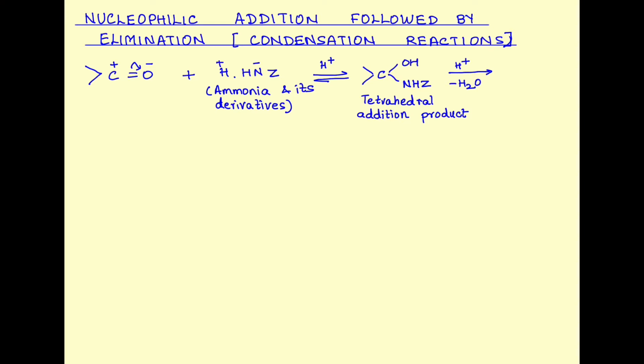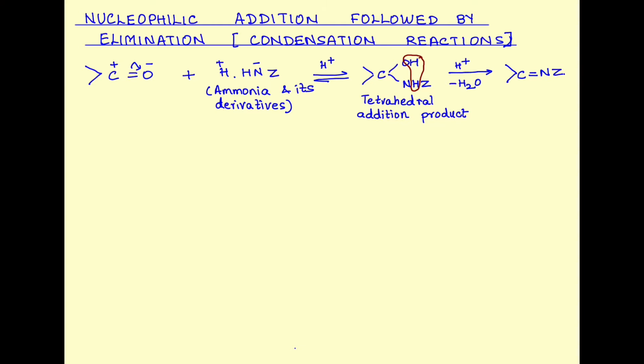So what happens over here? We have a tetrahedral addition product, which is unstable and has a tendency to lose a water molecule, right? With the result, we will have the final product as double bond N and Z.